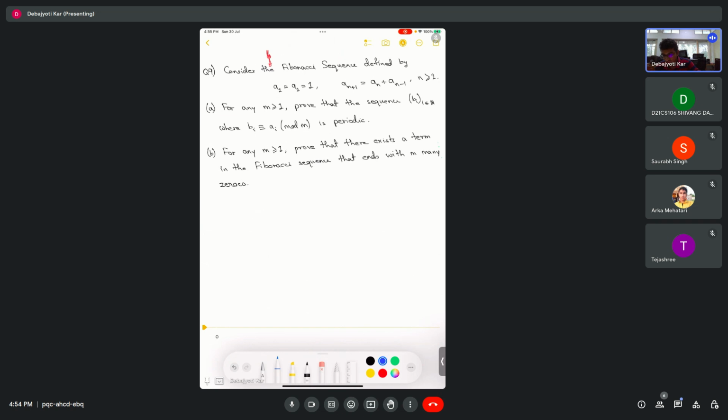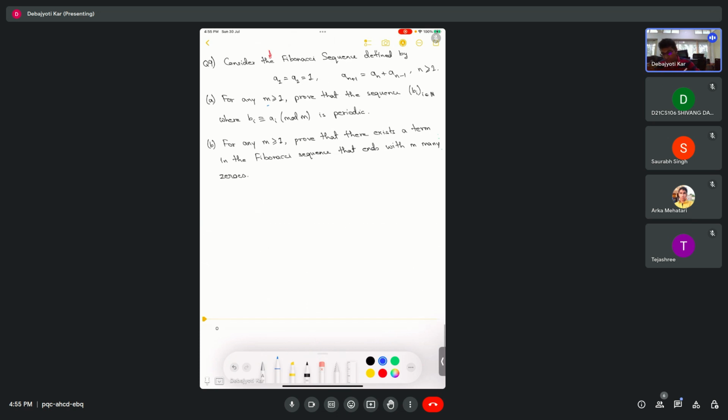The first two terms of this sequence are 1, and then each subsequent term is the sum of the previous two terms. The first question says that for any positive integer m, we need to show that this sequence b_i, which is the remainders modulo m, is periodic. So we have this Fibonacci sequence, and each term we divide by m and take the remainder.